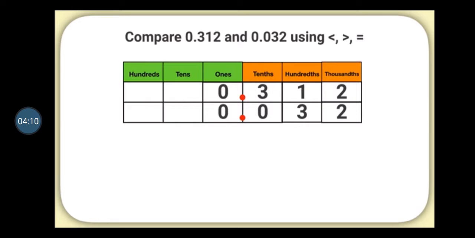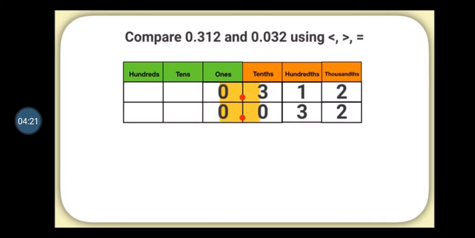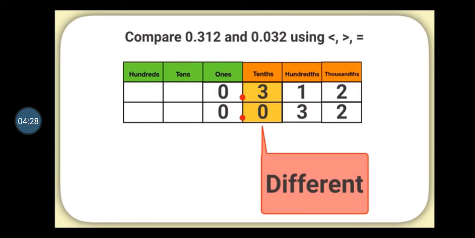Now compare the ones digit. Here we can see that the ones digit is 0 and 0. Is it same or different? This is same. Now move on to tenths, 3 and 0. Is this same or different? Yes, this is different, and 3 is bigger.